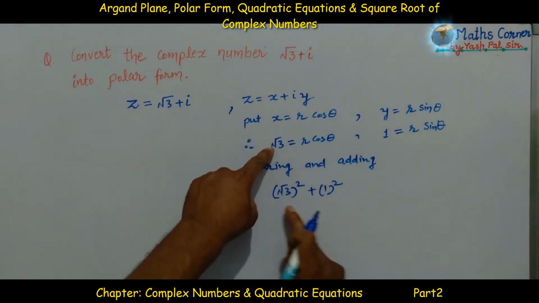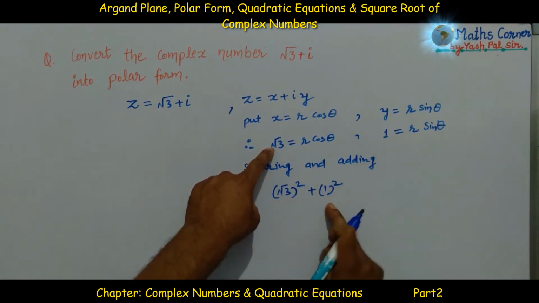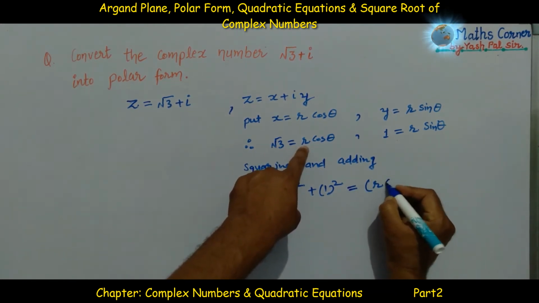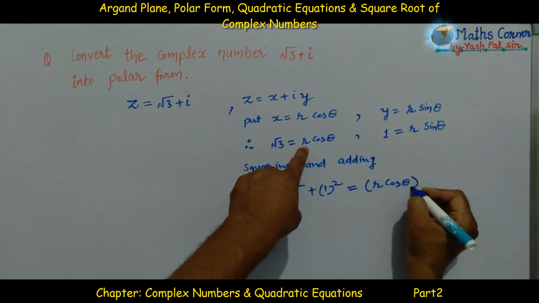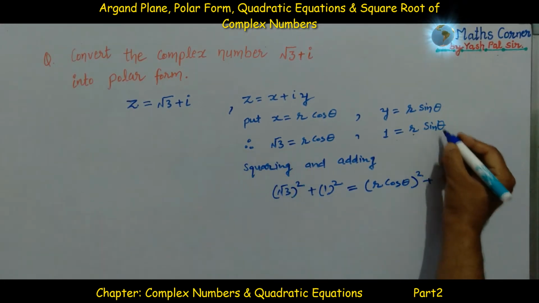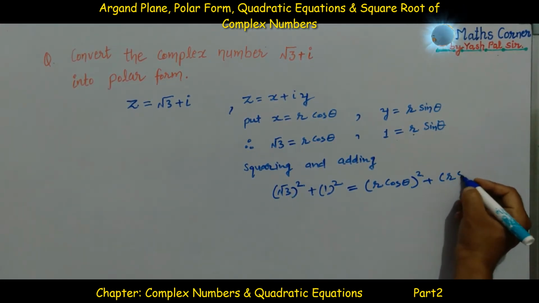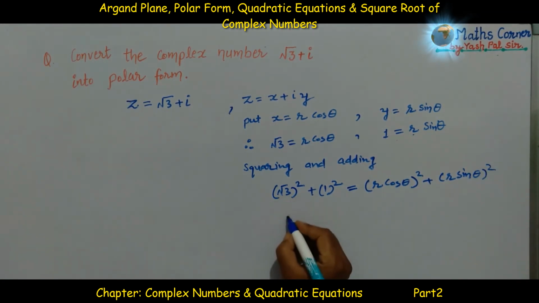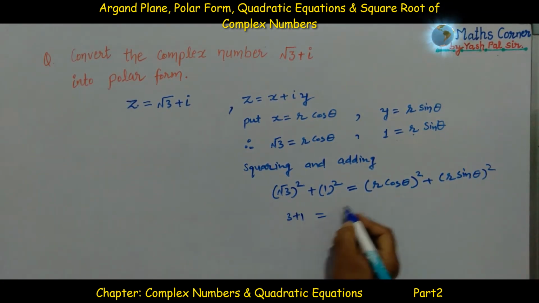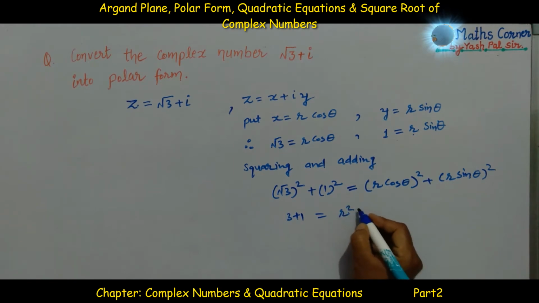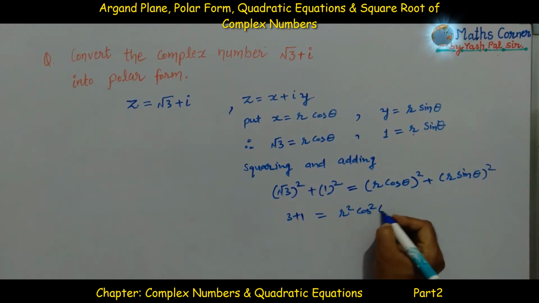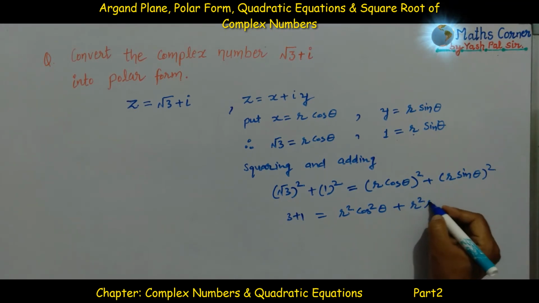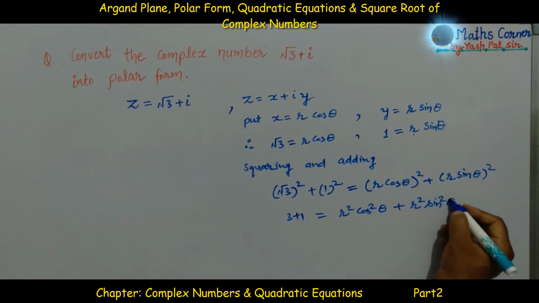Left side, square root 3 whole square plus 1 whole square; right side, r cos theta whole square plus r sin theta whole square. So 3 plus 1 is equal to r square cos square theta plus r square sin square theta.